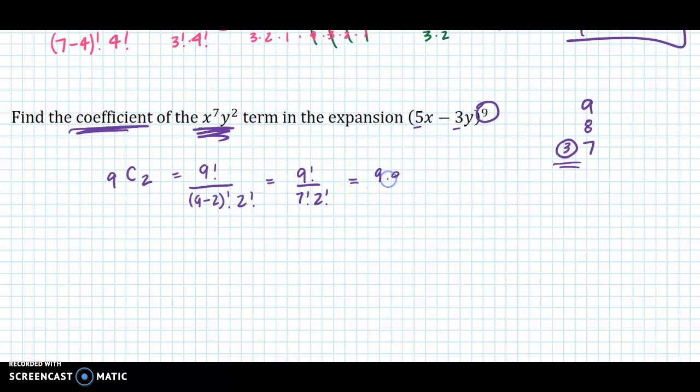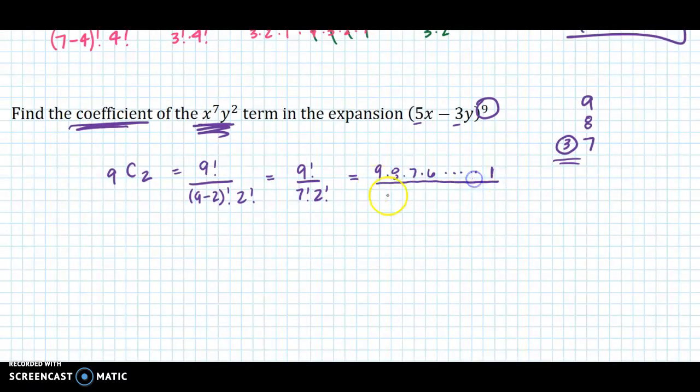So we have 9 times 8 times 7 times 6, and I'm going to cheat a little bit on the 1, because we know what that does. And then this is 7 times 6 times 5 times 4 times 3 times 2 times 1, and then times 2 times 1. So 7 times 6 times 5 times 4 times 3 times 2 times 1 will cancel that out. And so you are left with 9 times 8 over 2, which ends up being 36.